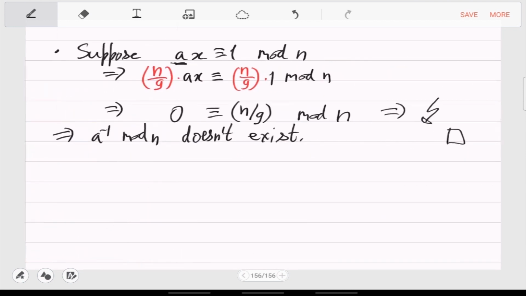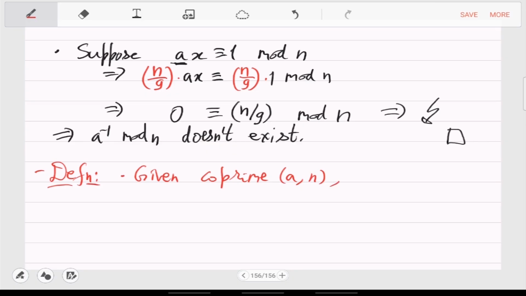So anyways, with this, let's first define the notation which we'll use. Given co-prime A and n, we use A inverse mod n to denote the unique inverse.